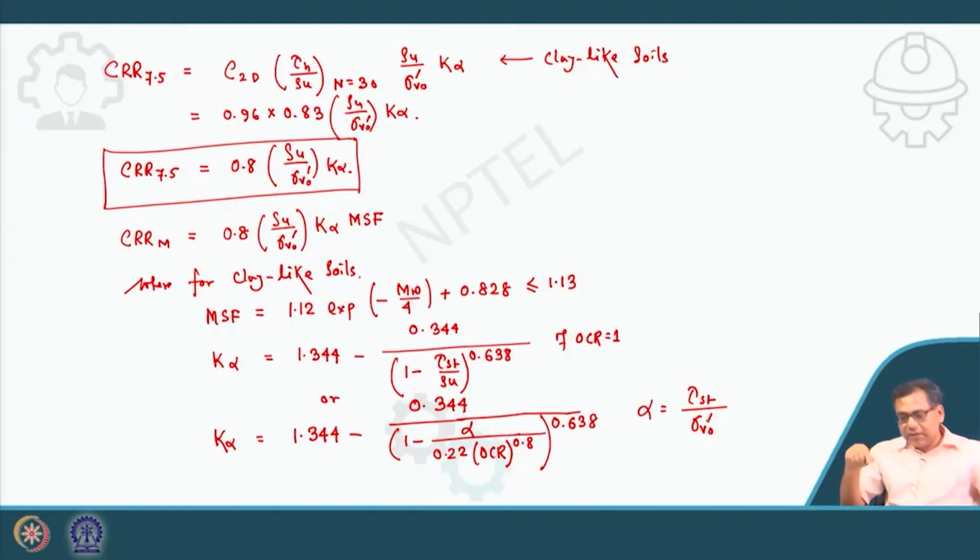So, this is the final expression to calculate the CRR.